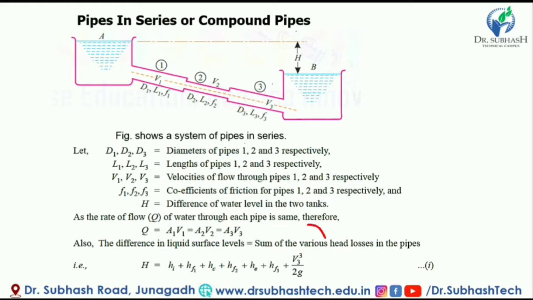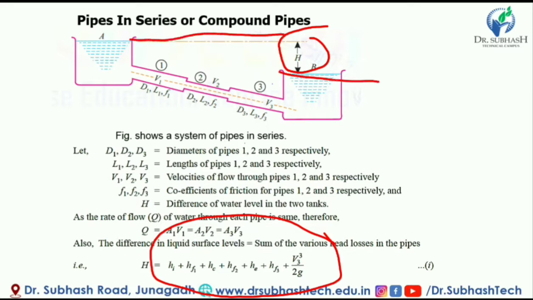And last, the loss at the opening of the pipe, V square upon 2G. The sum of all these losses is equal to the total head difference between the water surface levels of the two tanks, as shown in the figure.